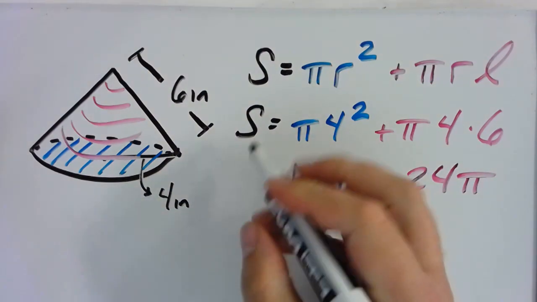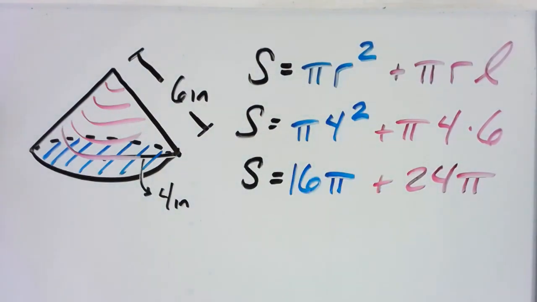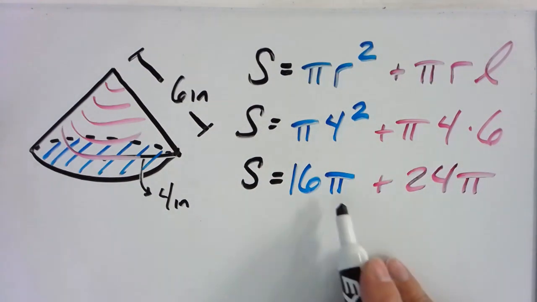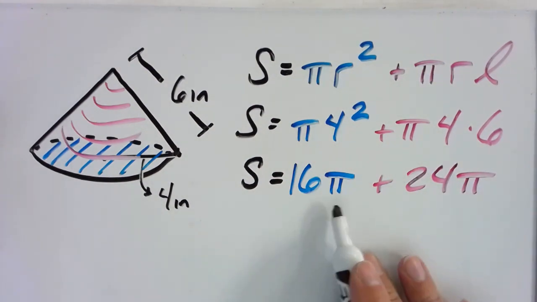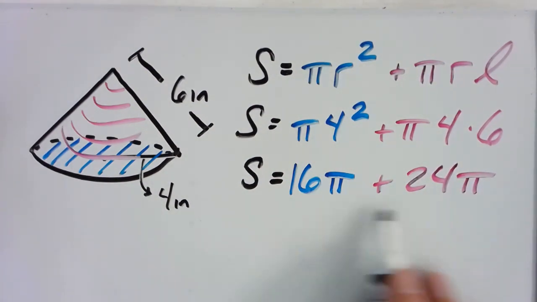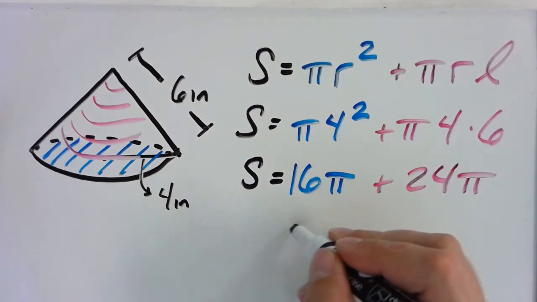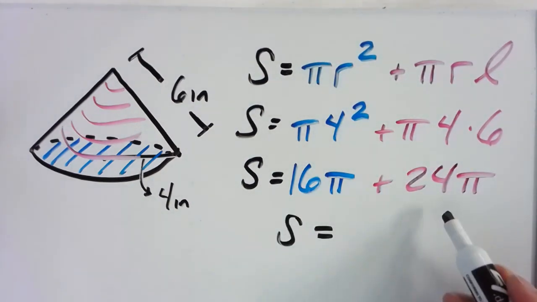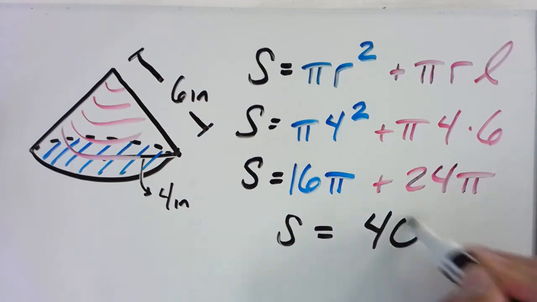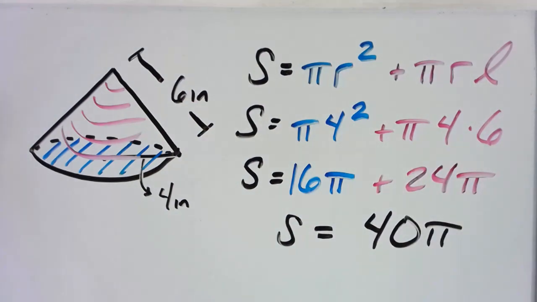And so surface area is the sum of these two pieces. And even though it's not a variable, pi does make a like term here. I can actually add these two things together. In exact terms, 16 plus 24 is 40. Surface area of this cone is 40 pi. The units here are in inches, and this is area, so they're square inches.